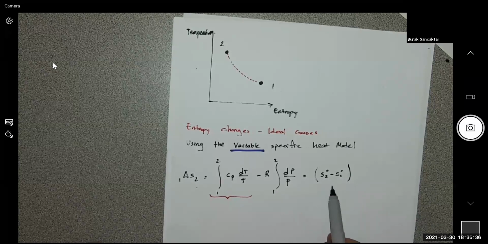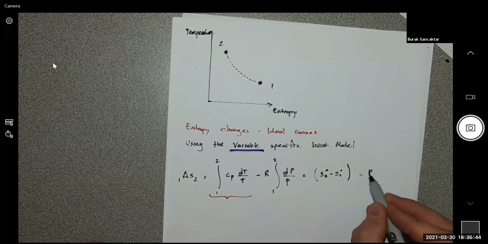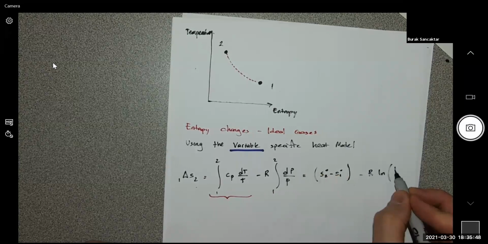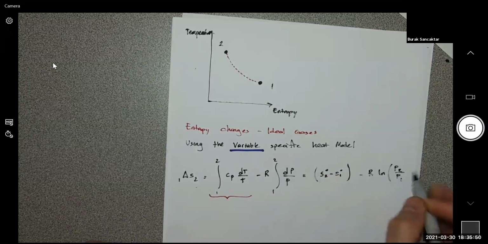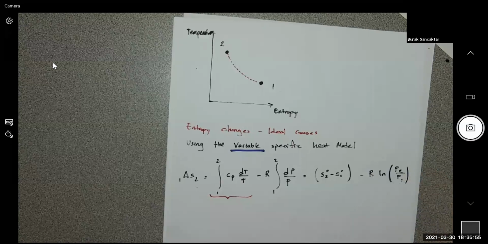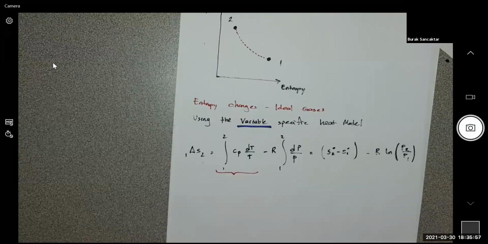Please be careful that these S0 values are not entropy. These are a product of entropy. And this term is the same, R, I can easily integrate this term, minus R natural log of P2 over P1. And again, this S0 is a function of temperature and it can be found in the ideal gas tables.